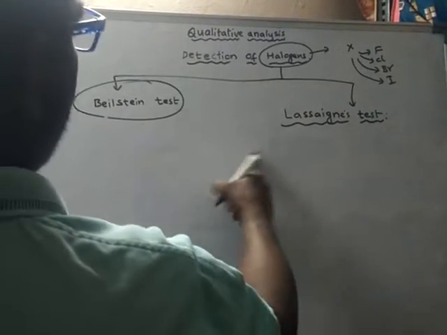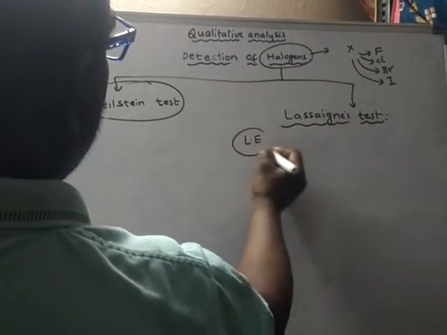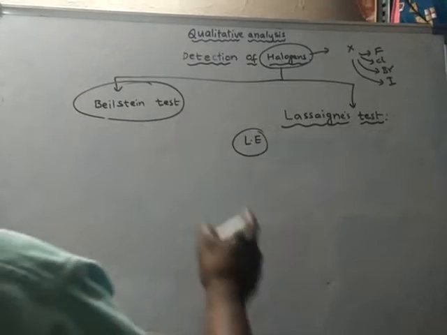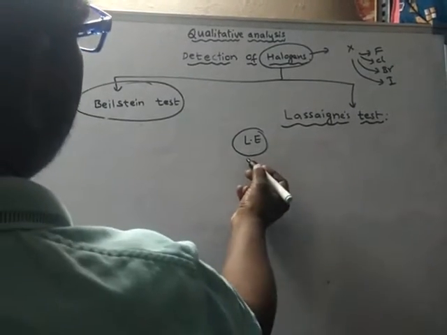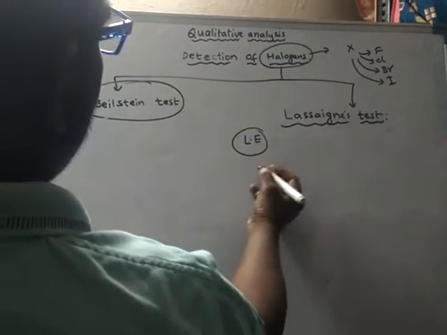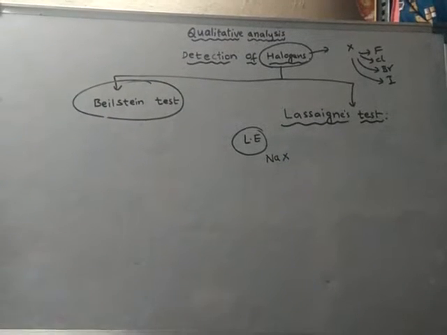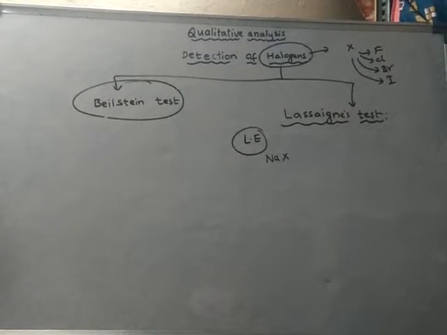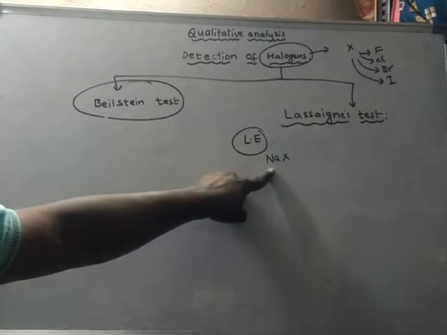Already we know how to prepare Lassaigne's extract. We learnt it in our previous section. Suppose halogen is present in the Lassaigne's extract, then it will be in the form of sodium halide. If halogen is present in the compound, then that Lassaigne extract should possess sodium halide.